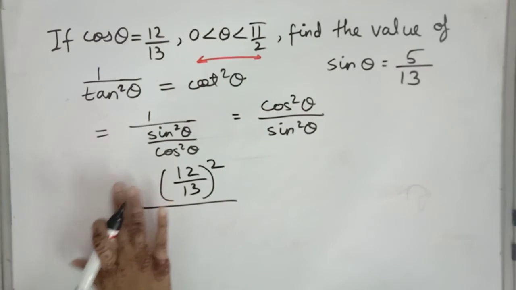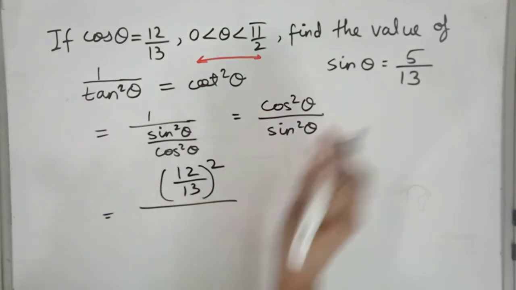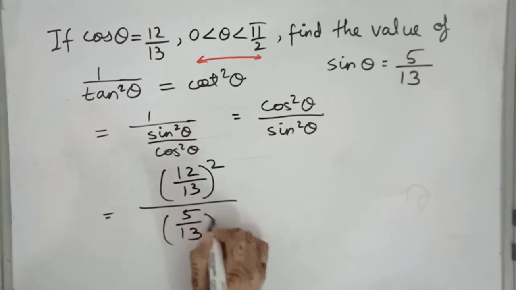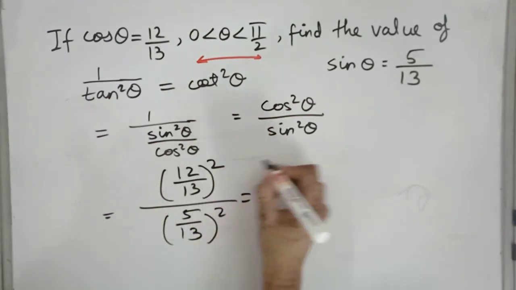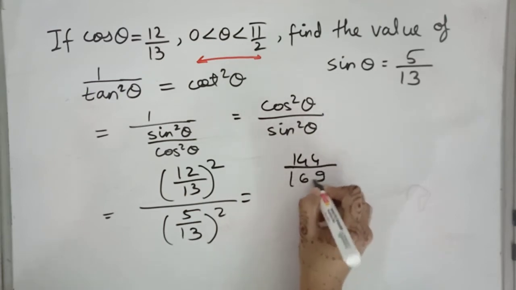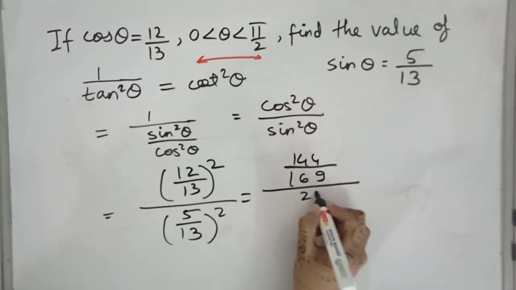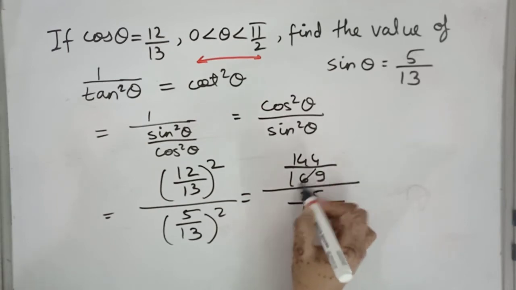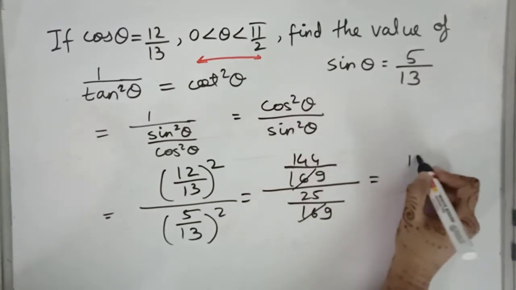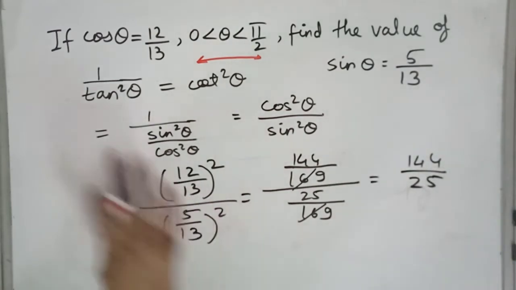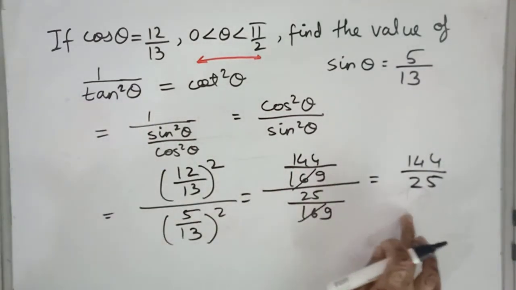Sin theta ki value hai 5 upon 13. So 5 upon 13 square, which will be equals to 144 upon 169 upon 5 square is 25 upon 169. 169 get cancelled. It will be 144 upon 25. So value of 1 upon tan square theta will be 144 upon 25.